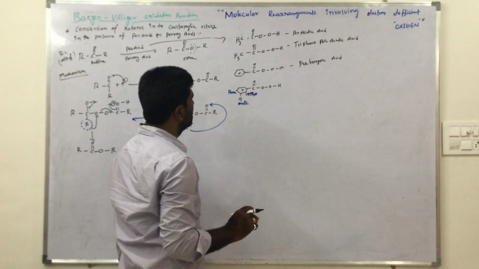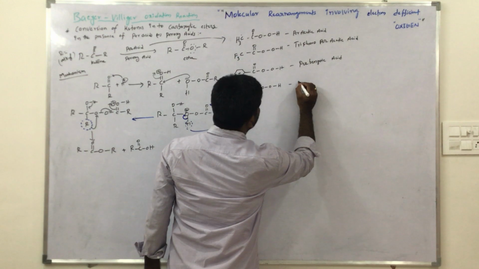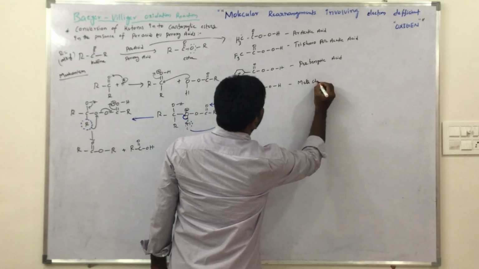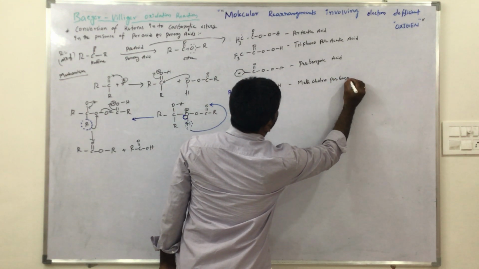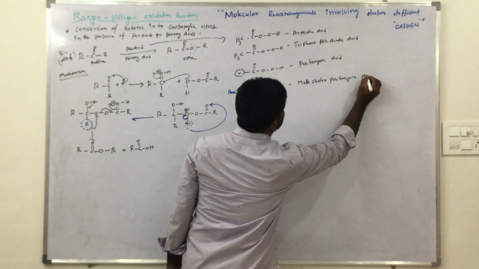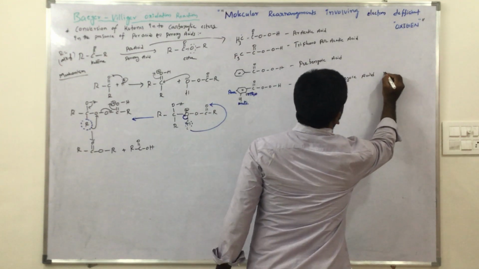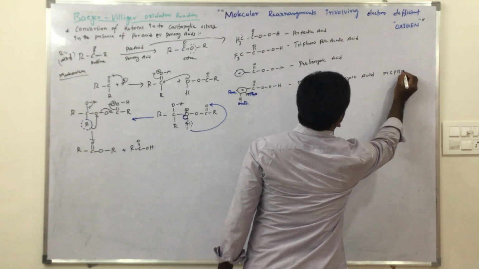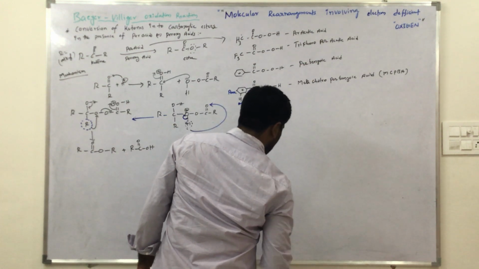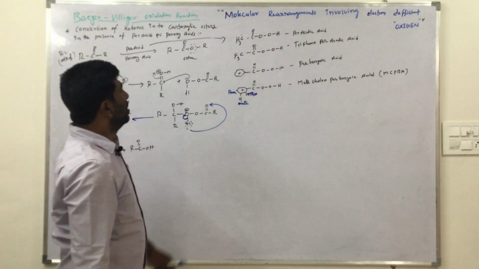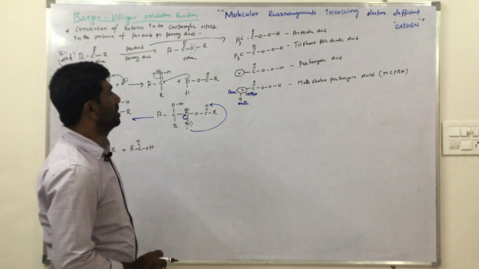So it is meta-chloroperbenzoic acid, MCPBA. These are the peracids mainly used in Baeyer-Villiger oxidation reactions.